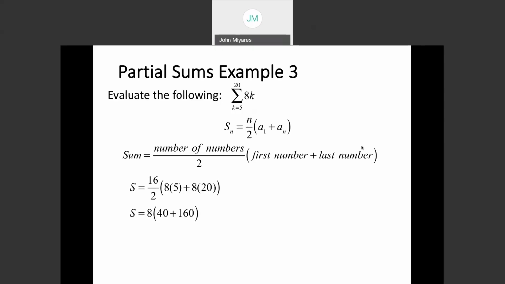Combining those together will give us 200 inside the parentheses. After we multiply by 8, this gives us a total of 1600. So the sum of the expression 8k going from k equals 5 to k equals 20 will be 1600.